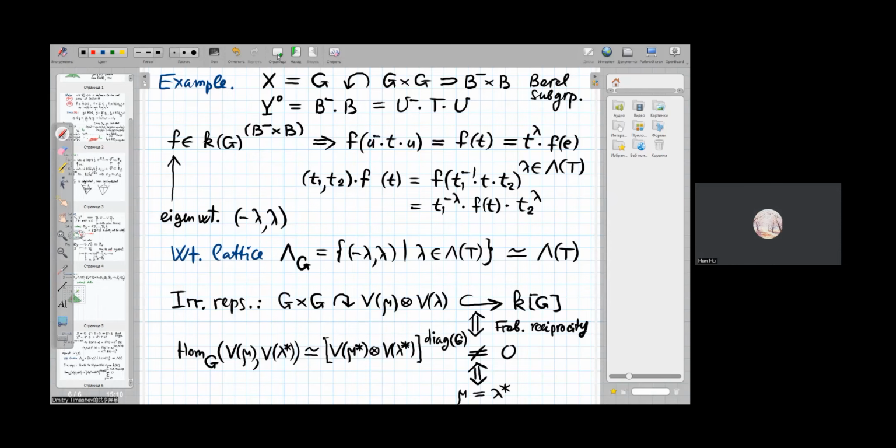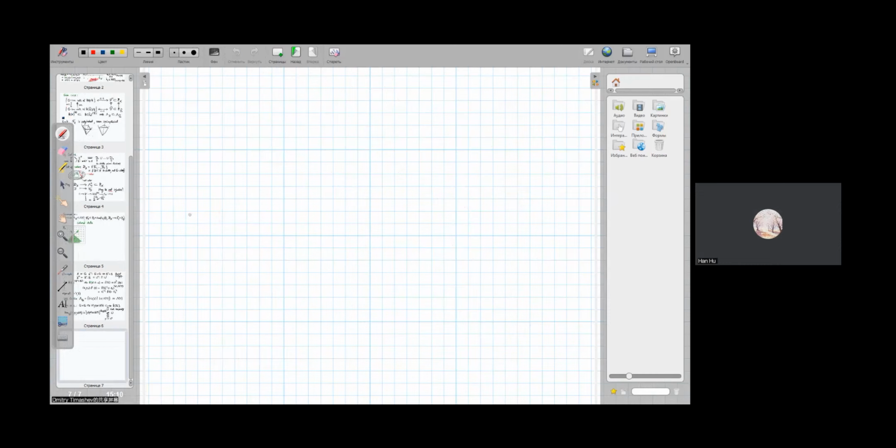Let me do it on the next page. So this embedding of V of lambda star tensor V of lambda into K of G maps this tensor product onto what is called the space of matrix entries of the representation V of lambda.